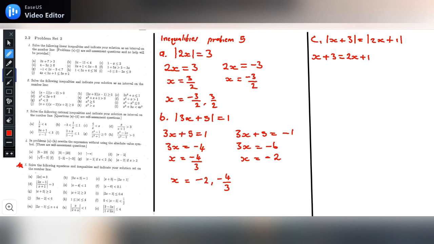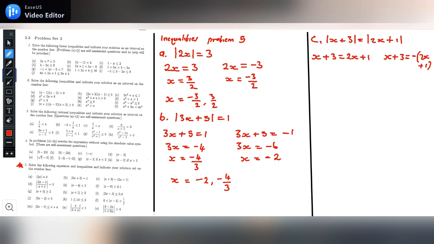And then the second equation, the first expression we write it the way it is, which is x plus 3 equals. Therefore, we need to change the sign of the expression after equals, which is 2x plus 1.